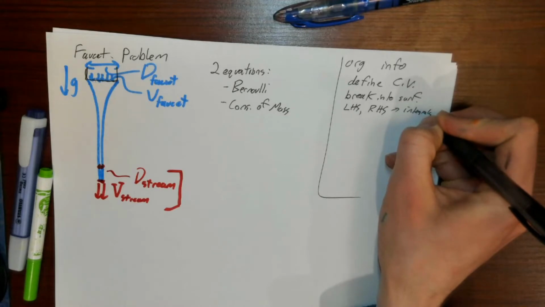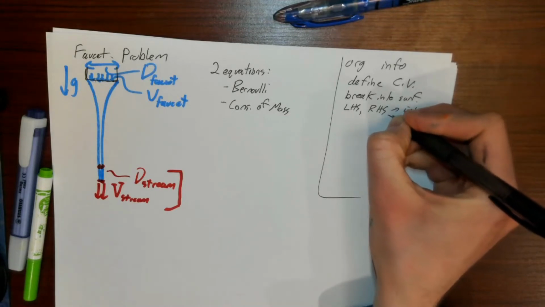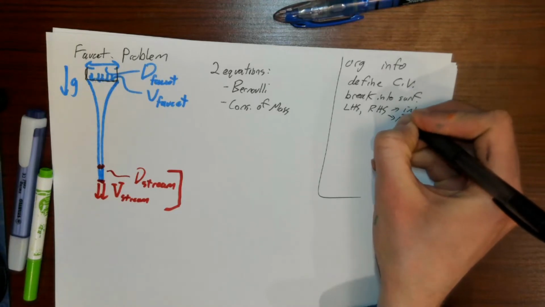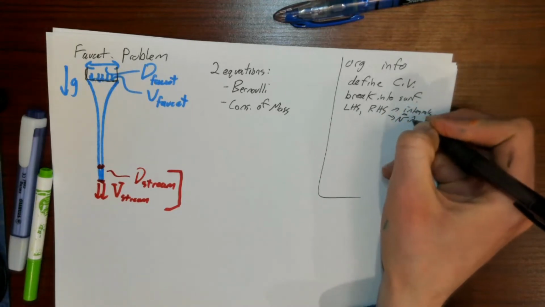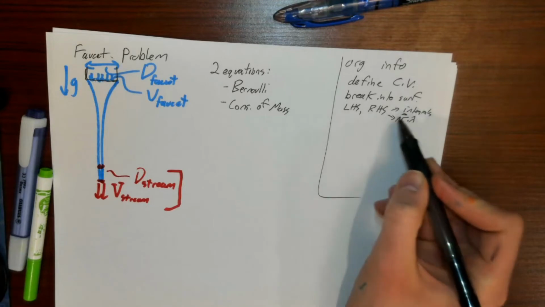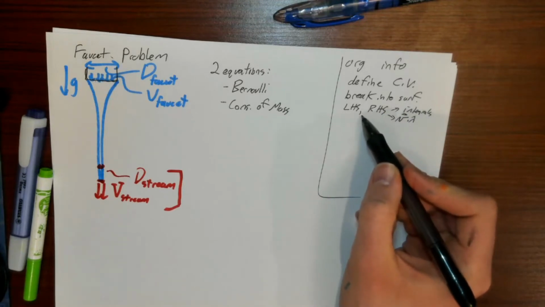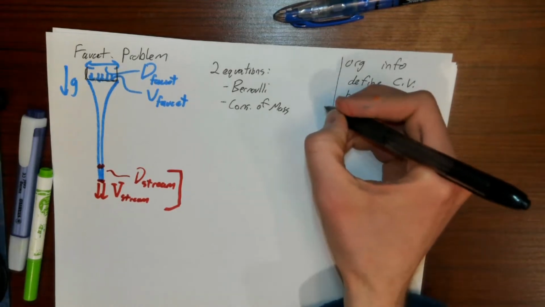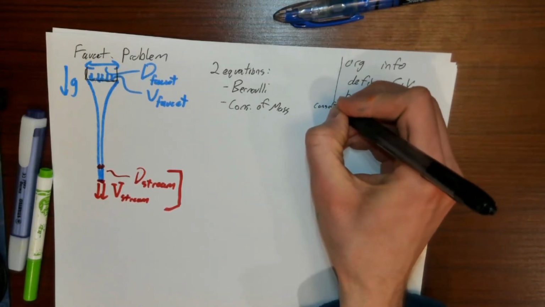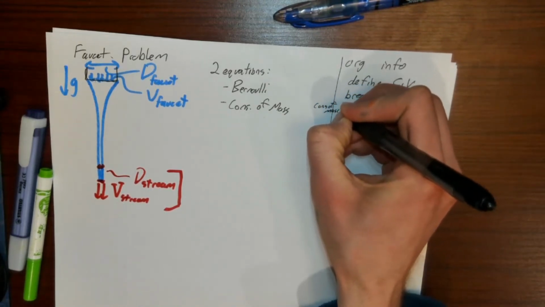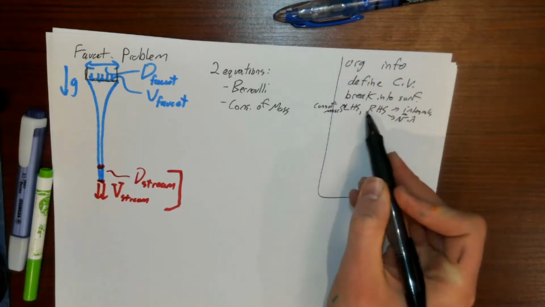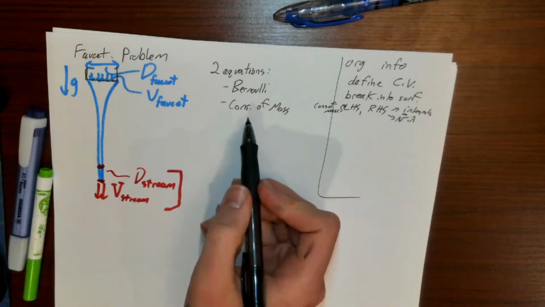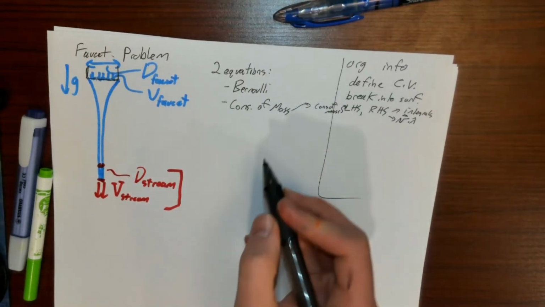I guess integrals come after v dot n's. So sorry, switch the order of these two things. We're going to do the left-hand side and right-hand side, integrals and v dot n's, all this stuff. And that's going to be conservation of mass right here.